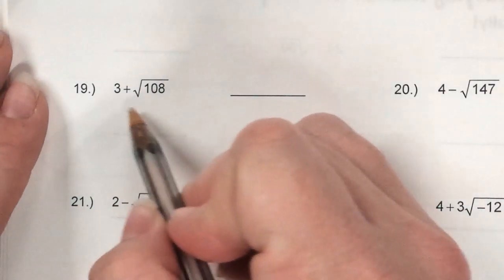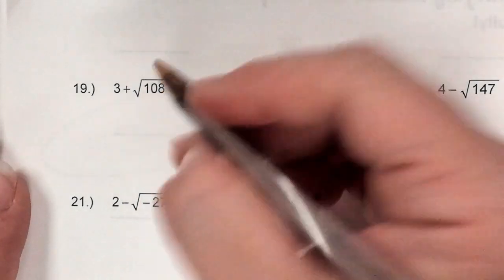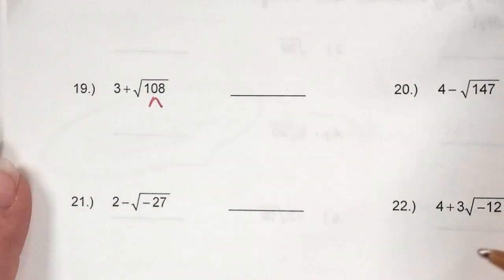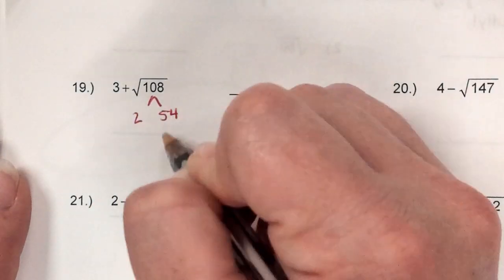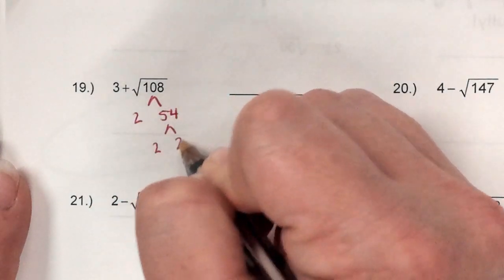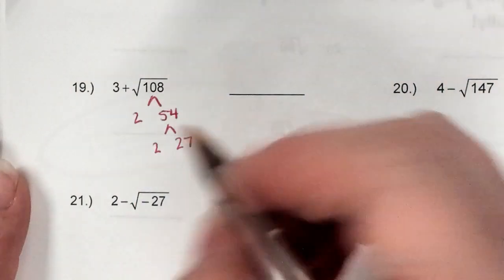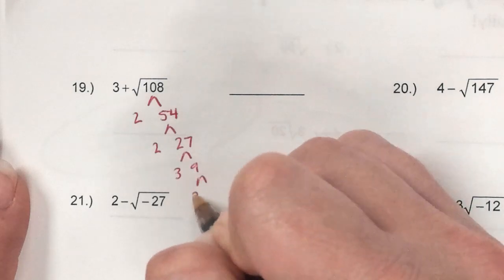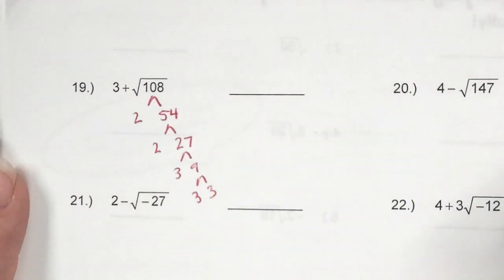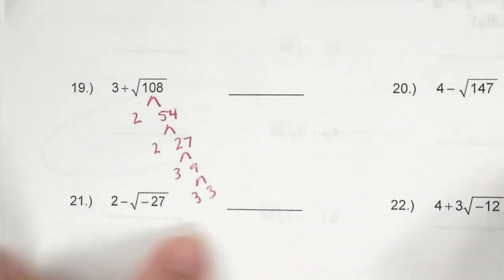So on number 19, I have 3 plus the square root of 108. So first things first, I'm going to separate 108. I know 2 can go into that 54 times. I know 2 goes into 54 27 times. But I know 2 doesn't go into 27, but 3 does 9 times, and then 3 and 3. So there's all my prime factors.